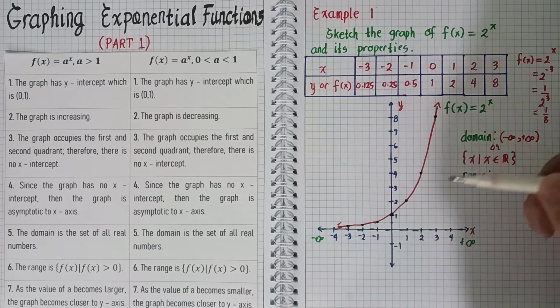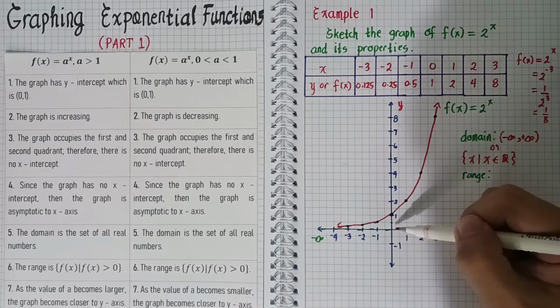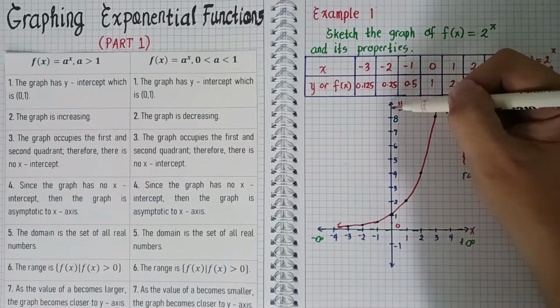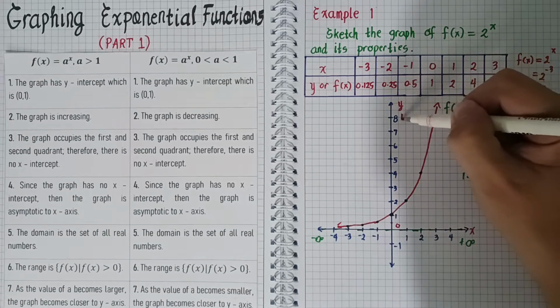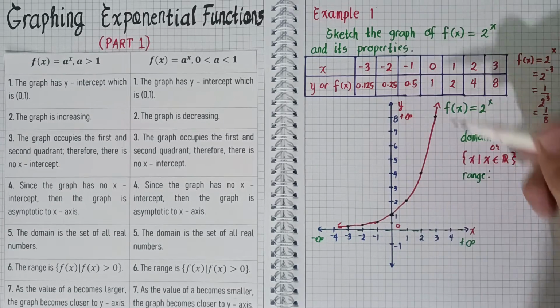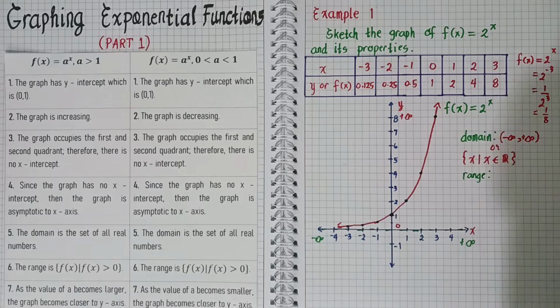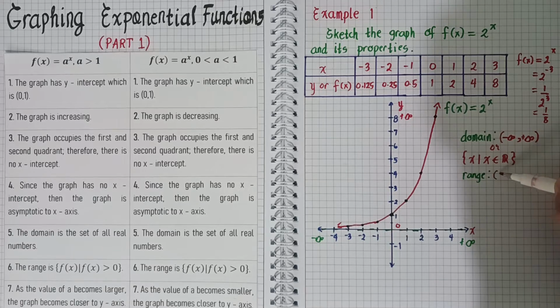Okay, so yung range natin dito ay from 0, to positive infinity, right? So, therefore, ang range natin using interval notation, 0 and then positive infinity.